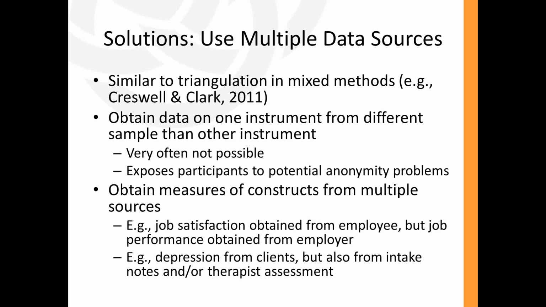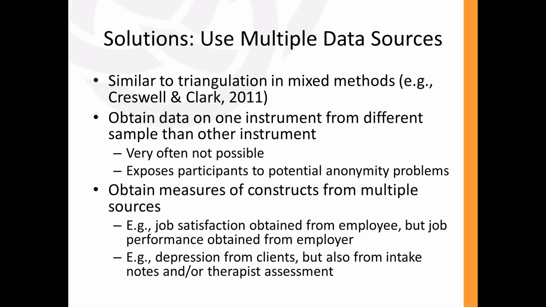However, if a manager is being asked to provide job performance information about all employees, then that is much less of a concern. However, there are going to be very specific issues regarding anonymity, and we'll look at that a little bit later. But it's important to note that even though there are benefits to obtaining data from a separate sample about the same participants, it does raise some ethical quandaries.